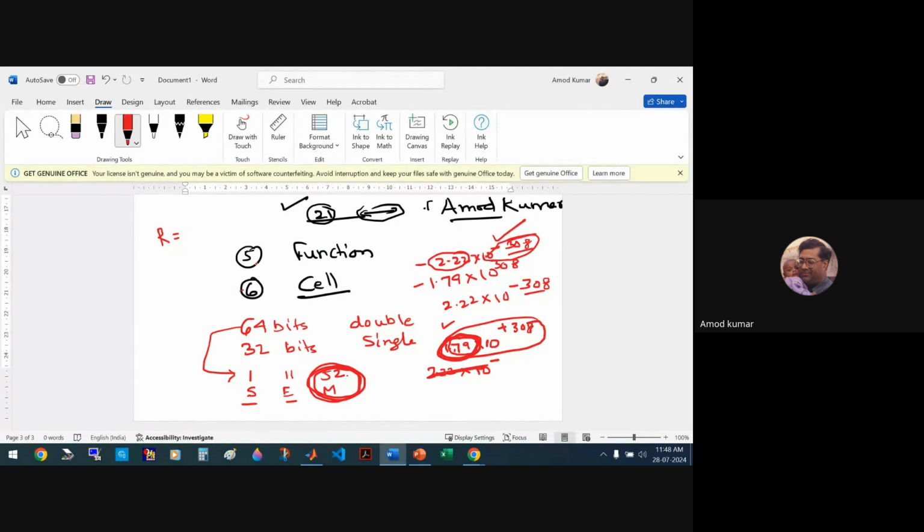Suppose you are saying 1.79 into something. That means suppose the number is 1.7932567843. This will be well represented inside the memory. It will be lying like this only. But on the monitor, please mind that only 4 digits will be visible to you.